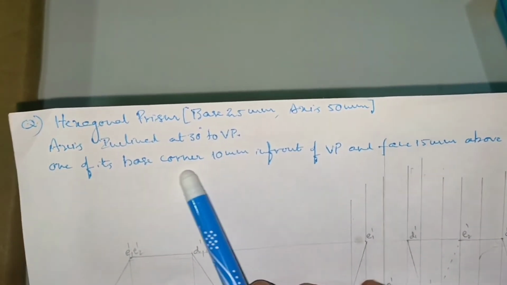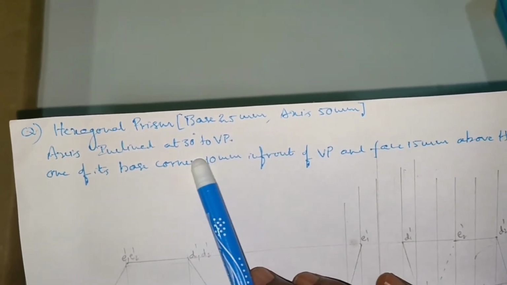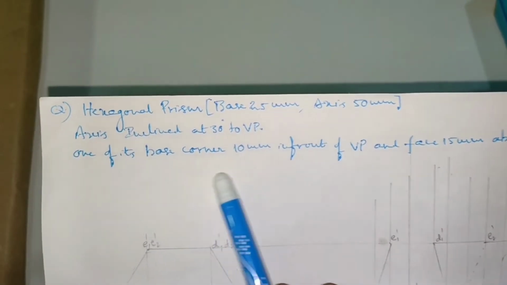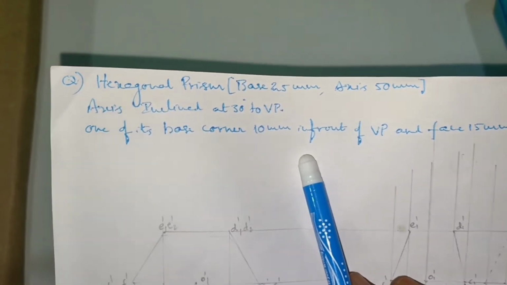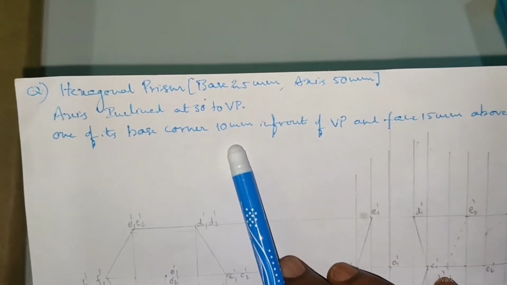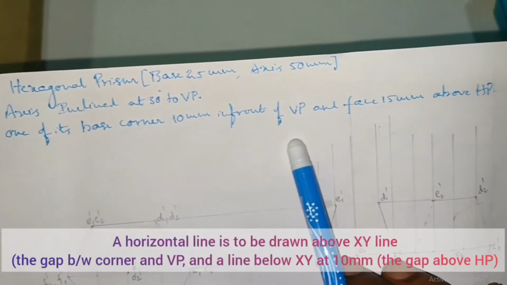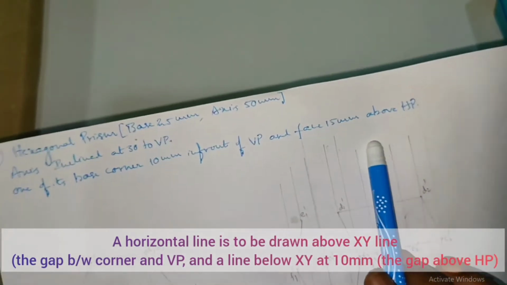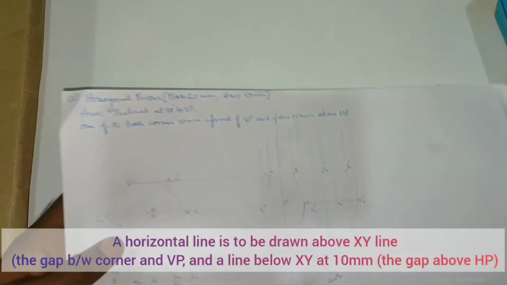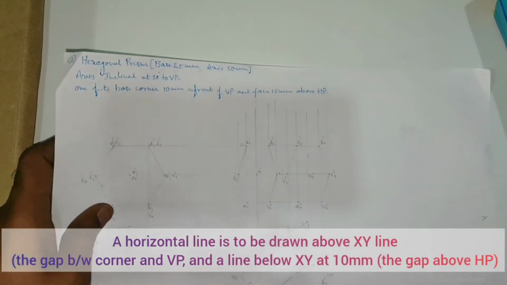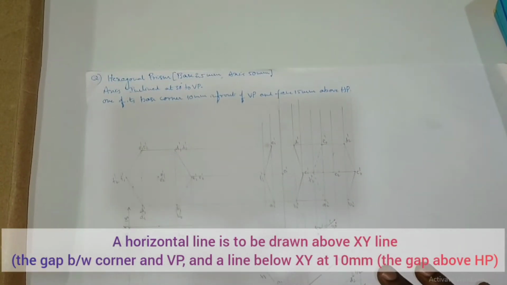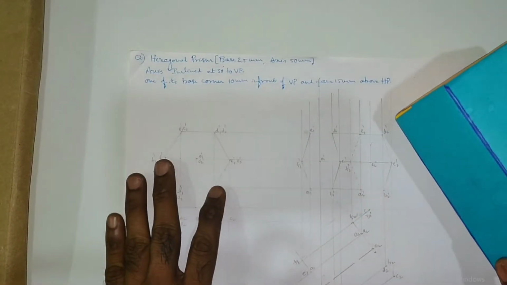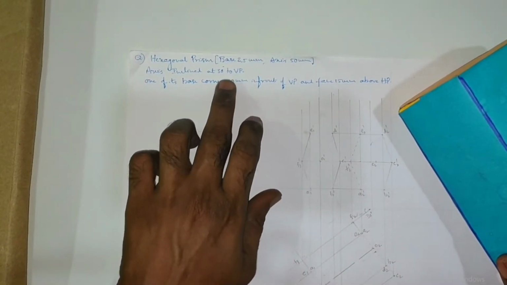It is positioned such that the axis is inclined at 30 degrees to the vertical plane or VP, and one of its base corners is 10 mm in front of VP and the face 15 mm above HP. So here let me show you the position of the prism. The axis is inclined at 30 degrees to the vertical plane.